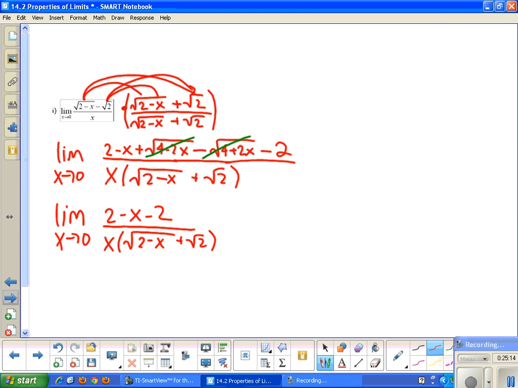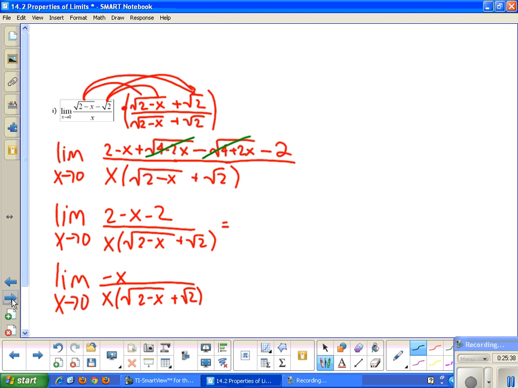Then I can simplify the numerator even further by taking away that 2 minus 2, which equals 0. So I just have the limit as x approaches 0 of negative x over x times root of 2 minus x plus root 2.